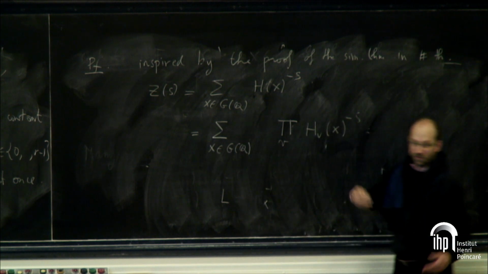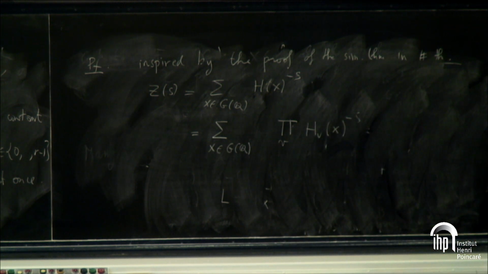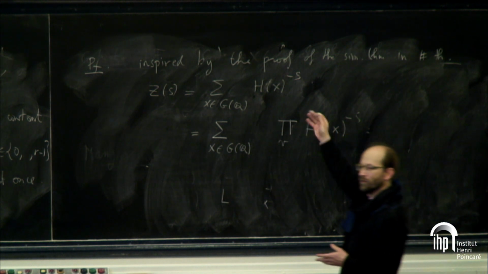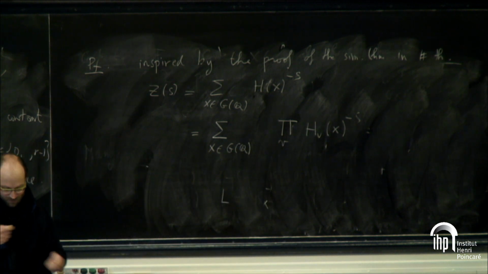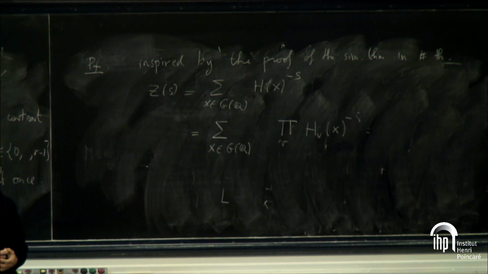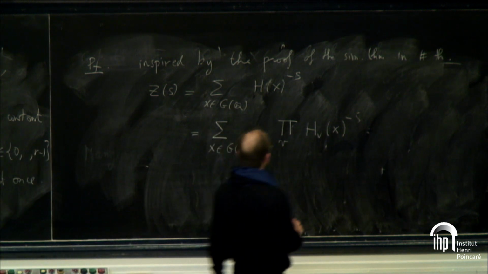You use the fact that you're only considering points on G to explicitly decompose the height, which was at the beginning a maximum of some absolute values of integers, but now you separate the p-adic contributions.